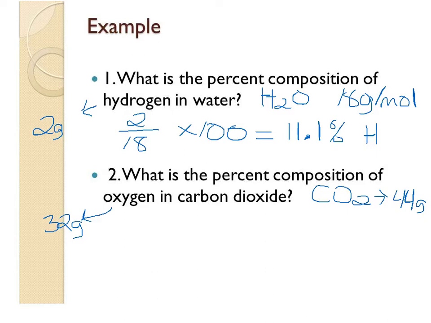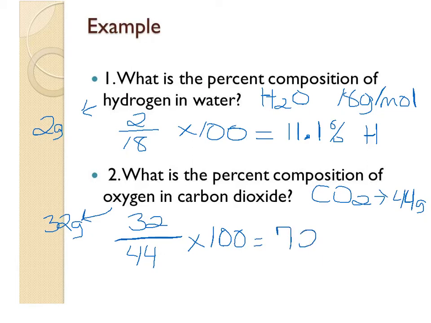So now we can do our calculation. We put our mass of the element, which is our oxygen, over the mass of the whole compound times 100. And that comes out to about 72.7% of carbon dioxide is oxygen.